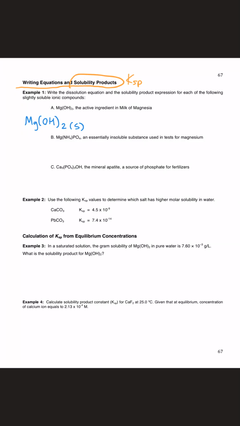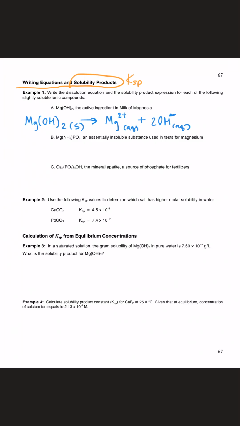In order to write out the dissociation, this one is similar to the hydrolysis that we learned earlier in the salt chapter, which means you are going to separate the cation and the anion. In this case, you end up with magnesium 2+ and 2 hydroxide ions.